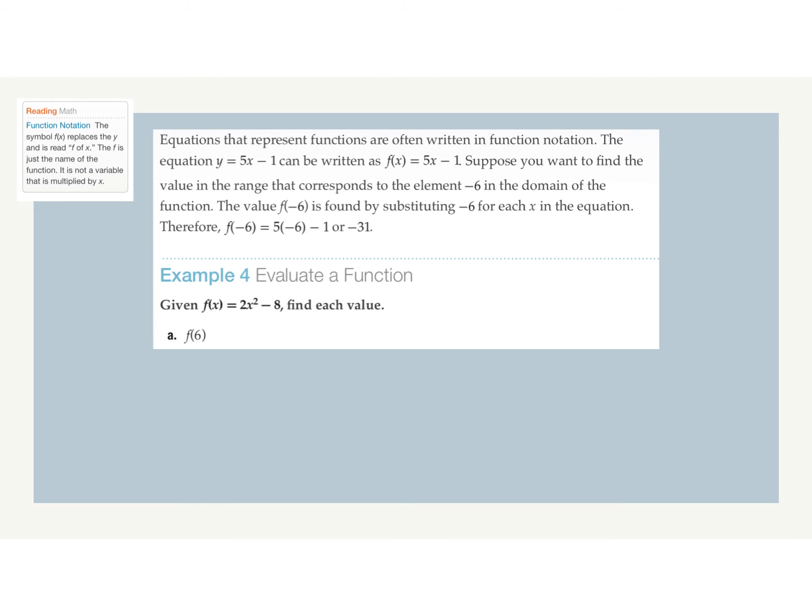All right, last thing we're going to do is evaluating functions. Sometimes we have equations that are written as y is equal to, and our equation. Sometimes it looks like this. F of x, that's what this is called, f with the x in the parentheses, is the same thing as saying y. It's just a fancy way of writing y.